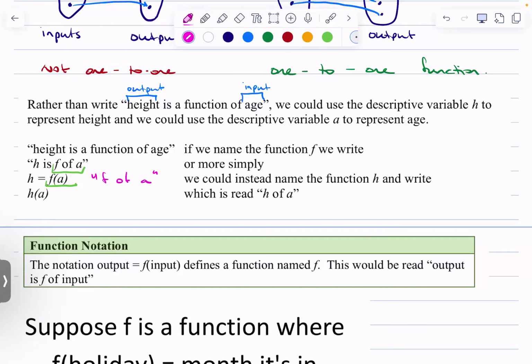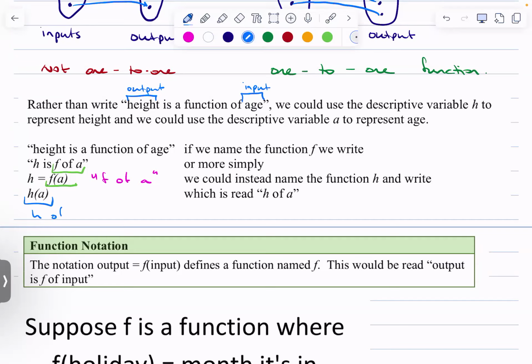But then what you could do is, if H is a function of A, couldn't you just rename the function H and say H of A? You can, and that's where our function notation comes from. So how would we read this?